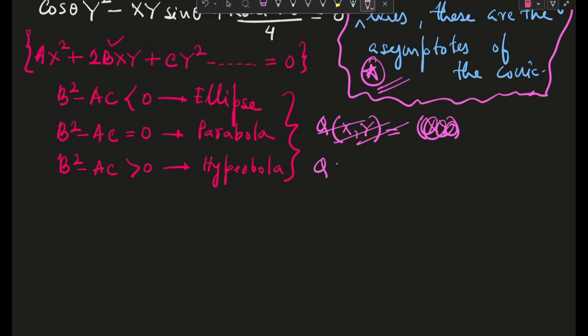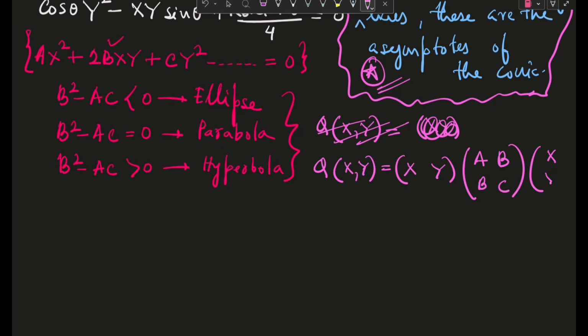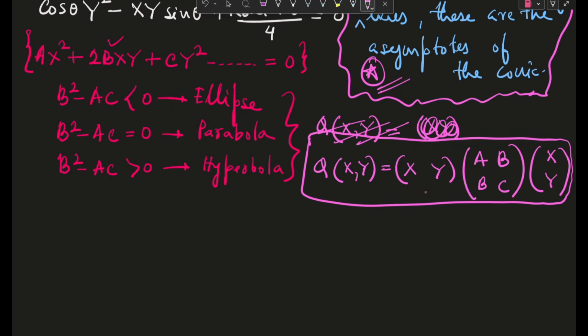Okay, so Q of x comma y will be equal to the row matrix [x y], times the matrix [a b; b c], times the column matrix [x y]. Now this is actually the final form. If you can remember this form, very good, otherwise at least try to understand this. Okay, I think this concept is coming in your near future. This is where you can find a relation between two very unexpected chapters, your conic sections and your matrices.